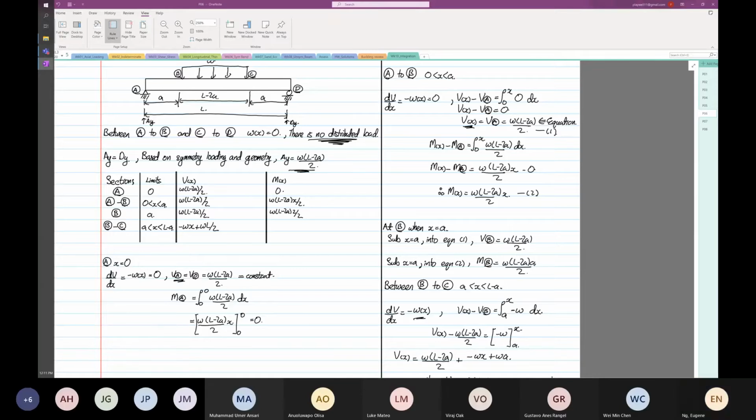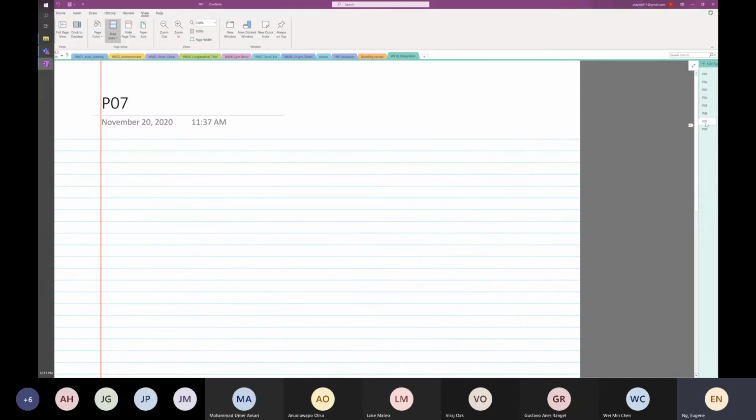So the next thing now, we are going to do, give me not more than 5 minutes, if I stop making mistakes. The last one that we're going to do is find a moment. So M as a function of x minus M at point B, so this is equal to the integral from a to x of minus omega x plus omega L over 2, dx.